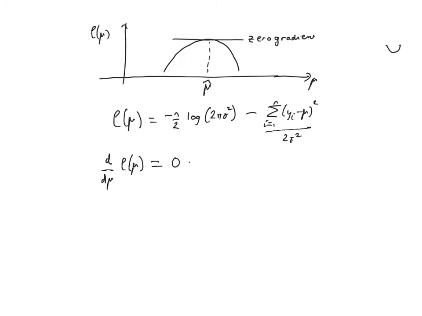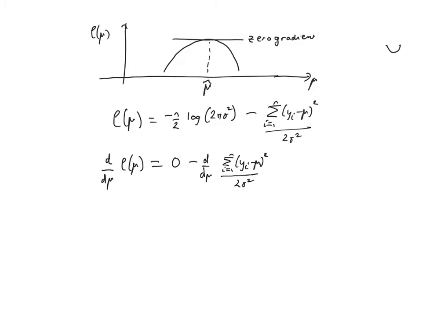Therefore, the whole derivative is just minus d by d mu of the second term. You'll see that I've pulled the d by d mu in front of the sum sign, and that's a perfectly legitimate step. You can bring the derivative in front of a sum.